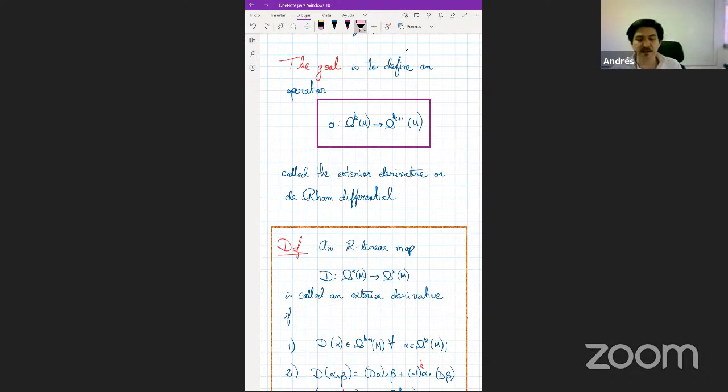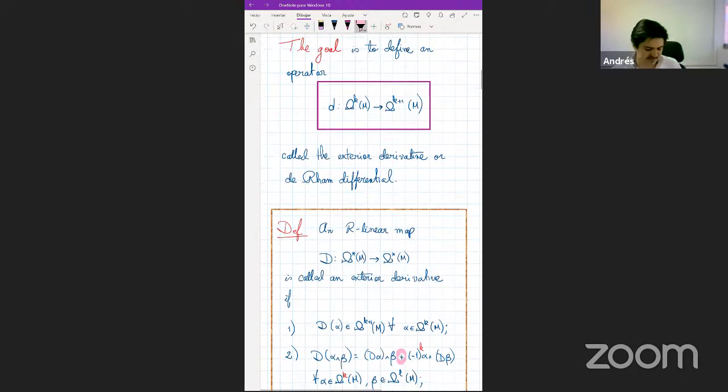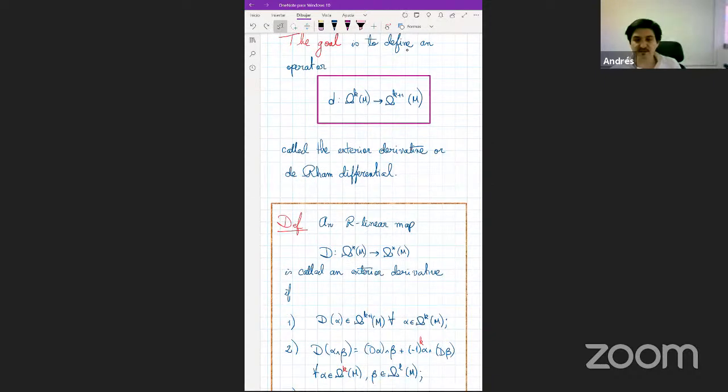So number 2 is telling us the product rule. But it is the product rule graded, because here it is not always a plus. It could be a minus. So this k is the degree of alpha. So it is a product rule, but graded. The graded rule.